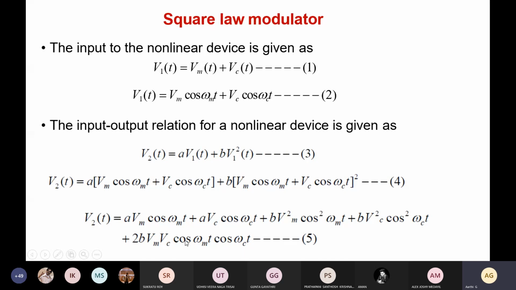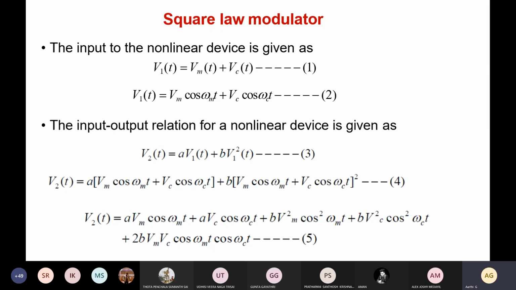If you expand this term, cos omega mt cos omega ct, using the trigonometric identity, we get cos of a minus b plus cos of a plus b. So here we have two terms, which are our upper and lower sidebands. After the bandpass filter, what will be the final terms?